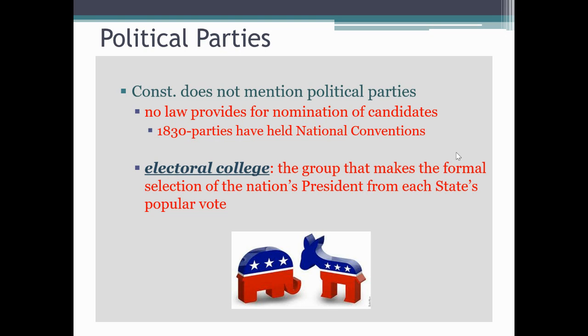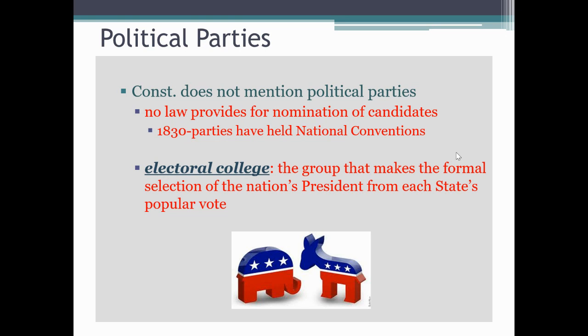In the Constitution, it doesn't say anything about nominating candidates or where candidates come from. So the political parties kind of take that on. We'll definitely learn about the Electoral College coming up, because I want to get that in before the election so you understand exactly how that works.